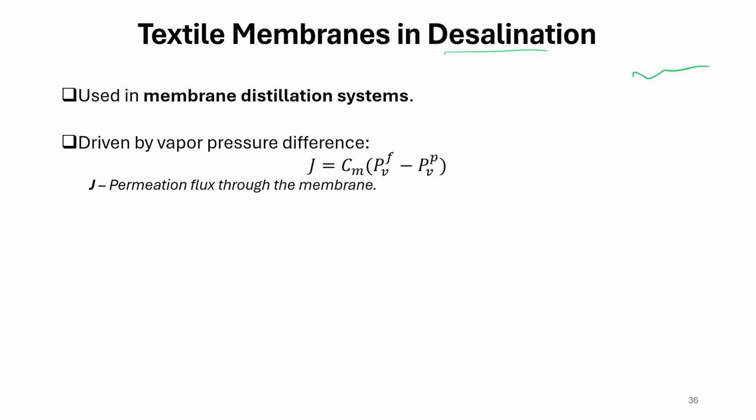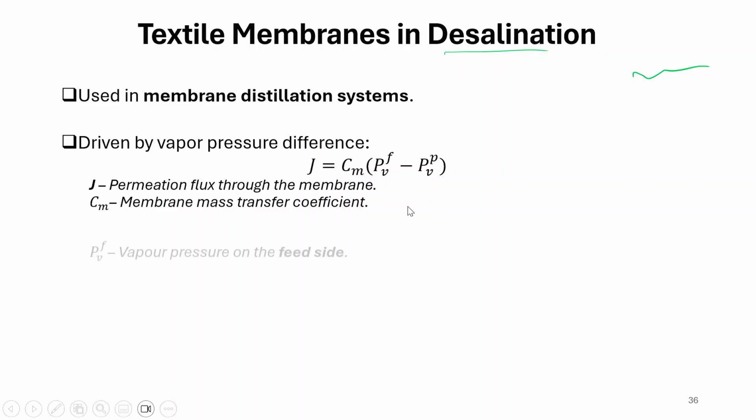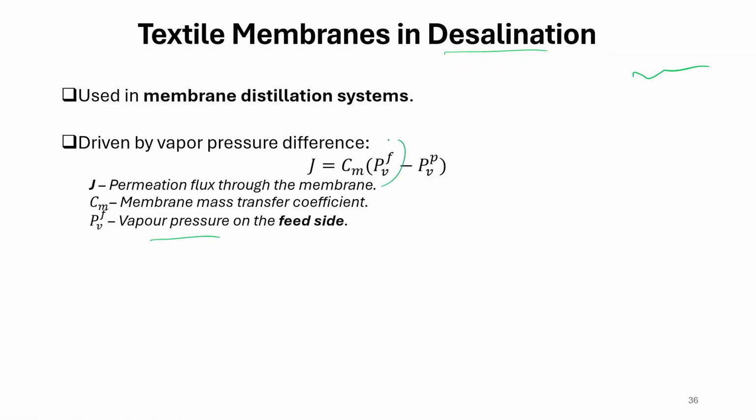J is the permeation flux through the membrane, that is, how much liquid permeates through the membrane. Cm is the mass transfer coefficient, and Pf is the vapor pressure on the feed side, with the vapor pressure on the permeate side subtracted.